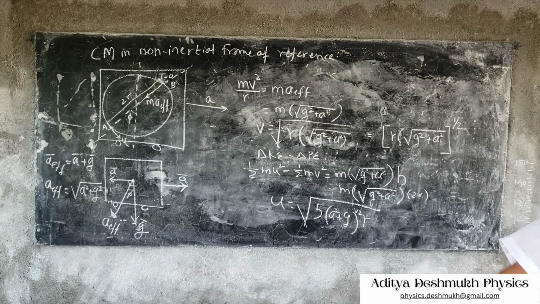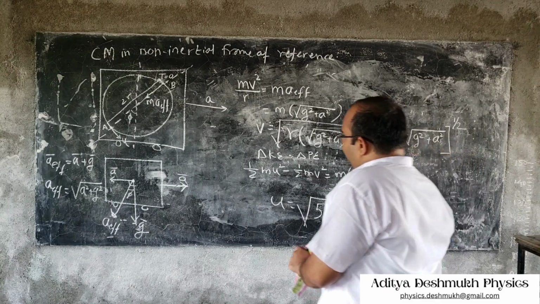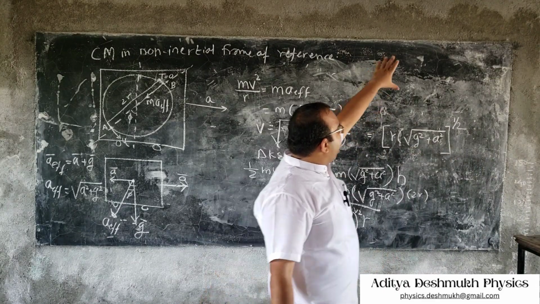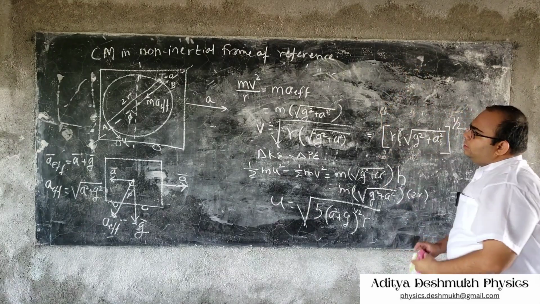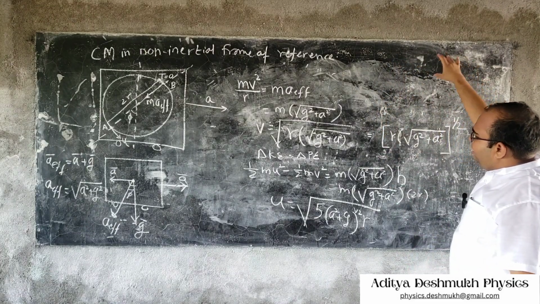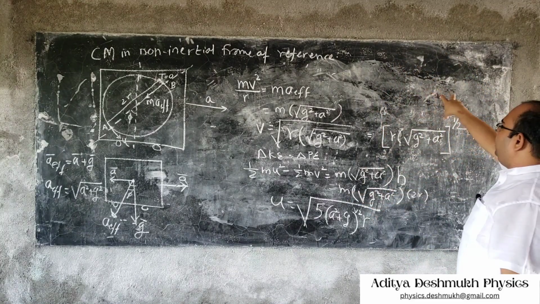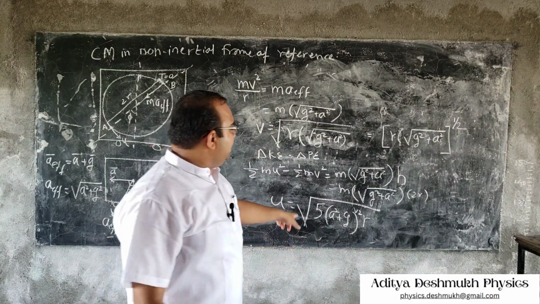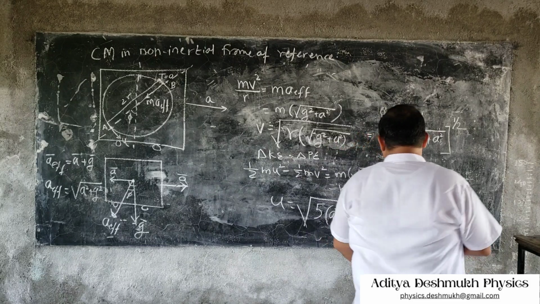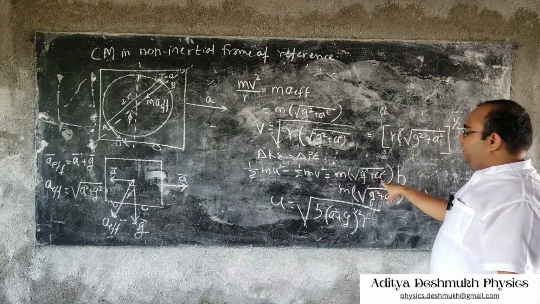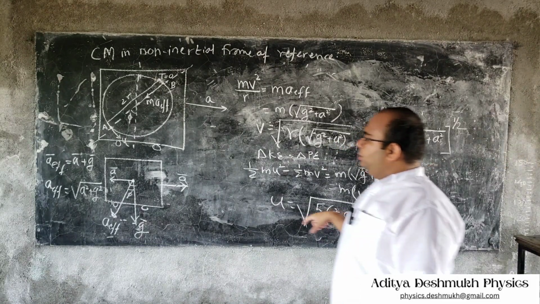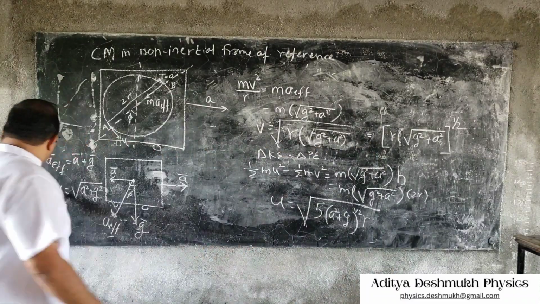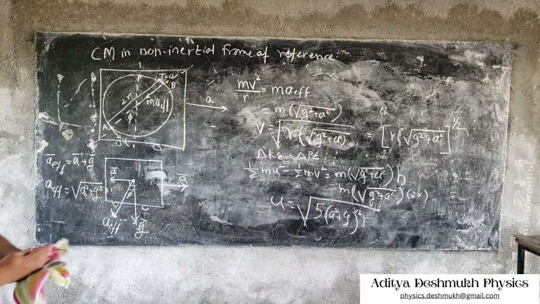See, once again, I had written the generalized formula for the relation between u square, v square and force balance. There, what did I say? If you put the effective acceleration in place of g, you will get the answers. That's what we are doing.